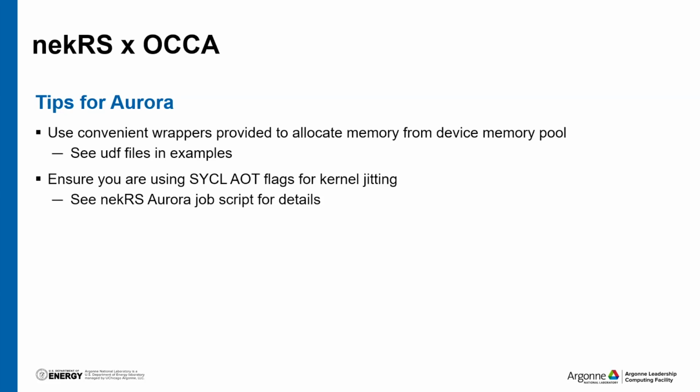And also, use the pool allocated memory whenever possible, since this will help to avoid some extra overhead. If you're not sure about that, check the example cases that come with NekRS. And the second one is make sure that you're using the SYCL AOT flags for the kernel jitting. Since we're already handling the caching in OCCA itself, we don't want to go through the extra overhead of compiling to an intermediate representation in the SYCL runtime.